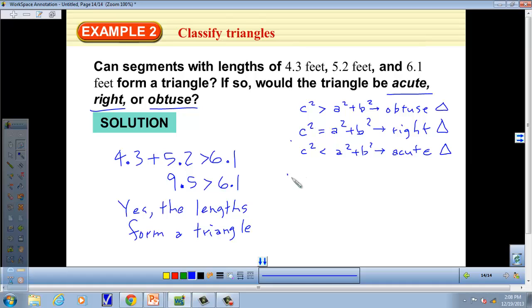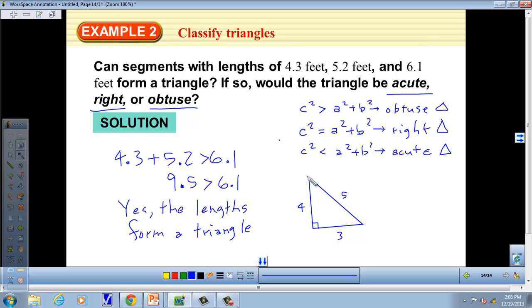Now, why is this so? Let's take a look with an example. If I draw a triangle, I'm not going to make it random, but we'll make it a right triangle where, let's say this is 3, this is 4, and this is 5. We know this makes a right triangle because 9 plus 16 equals 25.